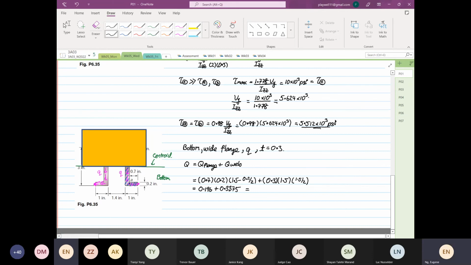When I add them together, 0.196 plus 0.3375 is equal to 0.5335 inches cubed. So that is our first moment of area.